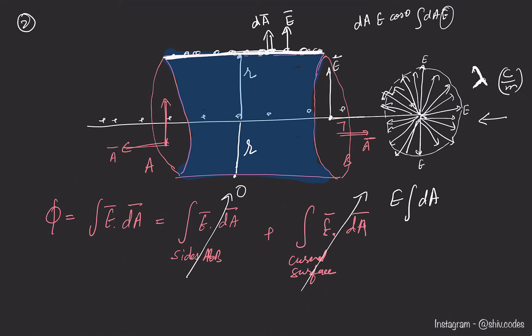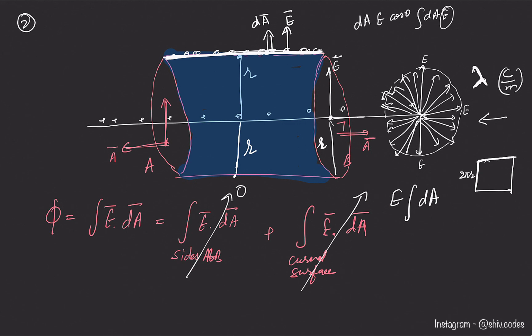Now the curved surface of the cylinder, you can visualize it like a rectangle. This side is 2 pi r. Don't confuse this r with the earlier r; let's say this radius is capital R. So this side is simply 2 pi R because the radius of the cylinder is R by construction.